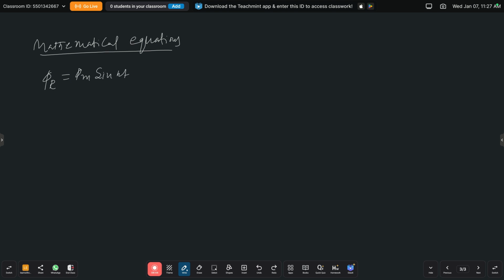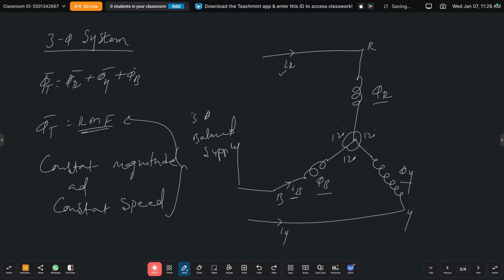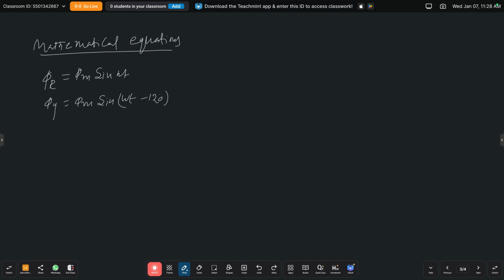Phi Y is equal to phi m sin(omega t minus 120). The angle between phi R and phi Y is 120 degrees. So phi m sin omega t is the reference flux, the reference value.